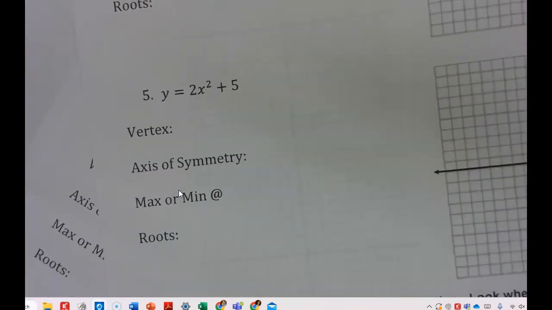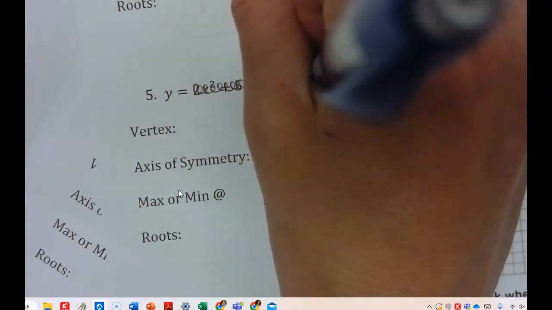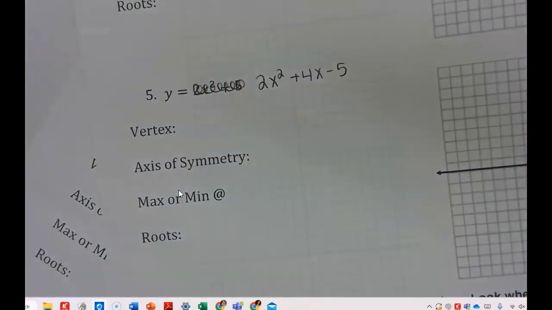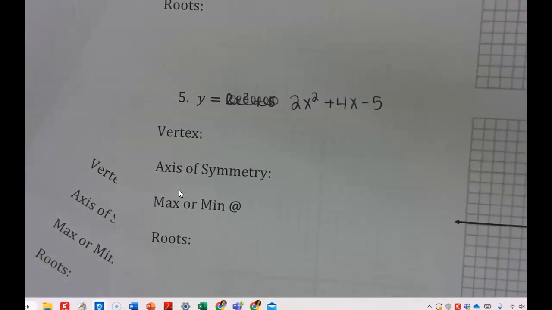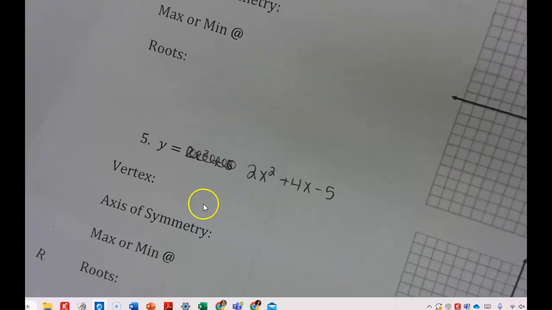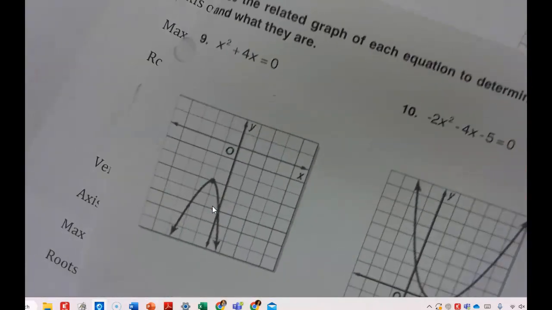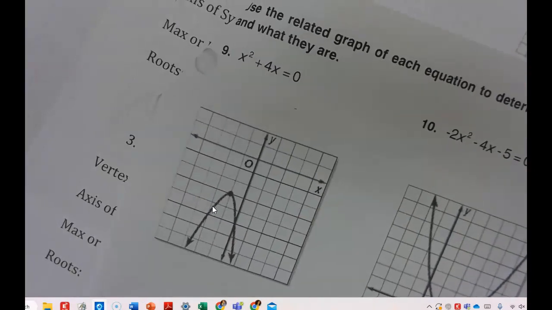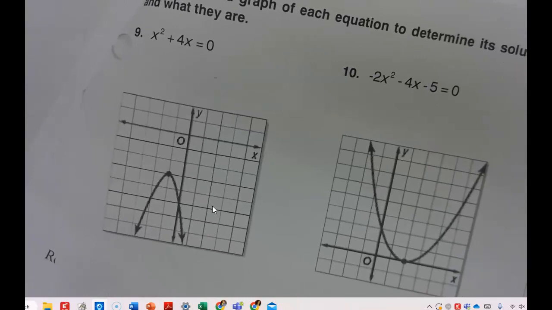And then, because this one I put in our notes instead, we're going to change that one to 2x squared plus 4x minus 5. The rest of them can stay. They're actually your textbook problems, the first 5 I had written. So these ones can stay. You're just looking at the graphs and they gave you the equations and you're telling me how many solutions and where.